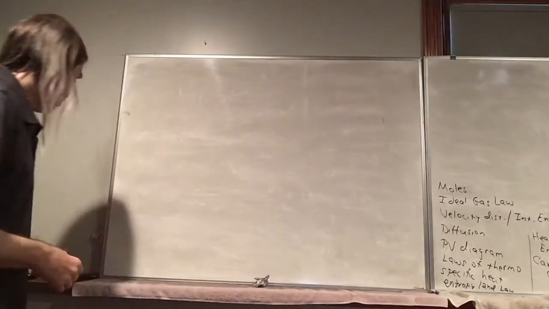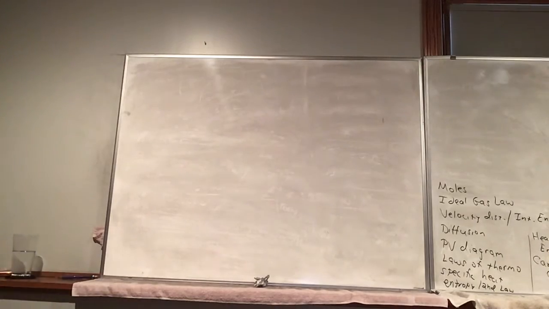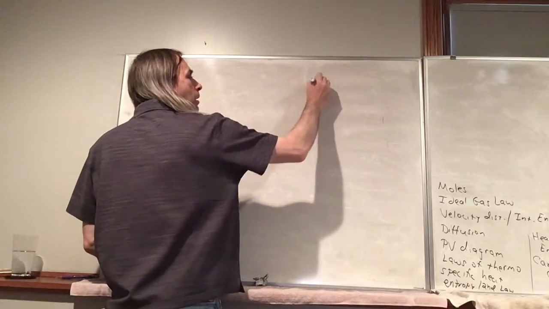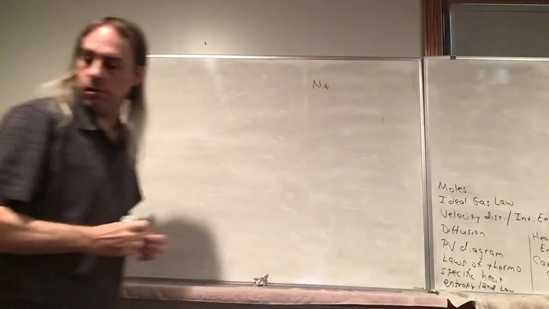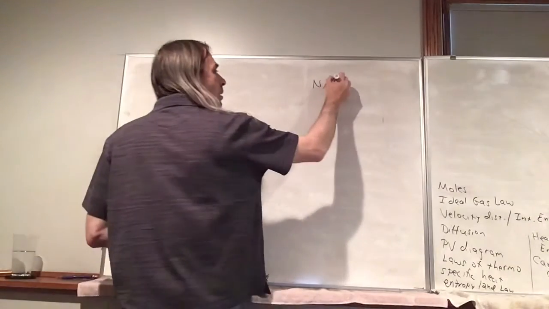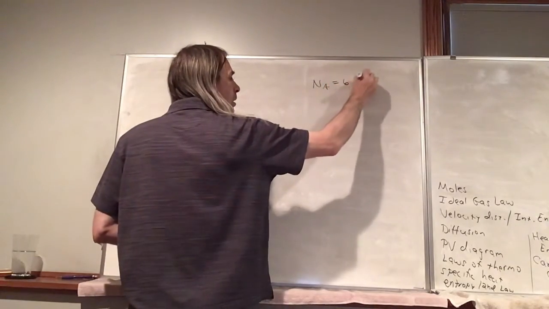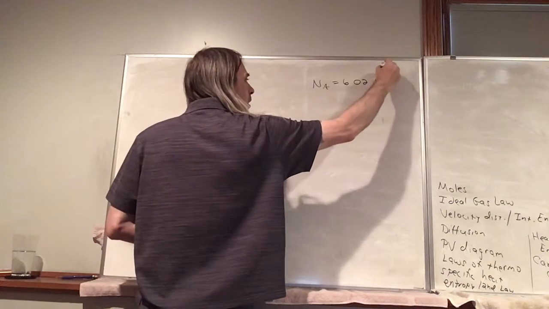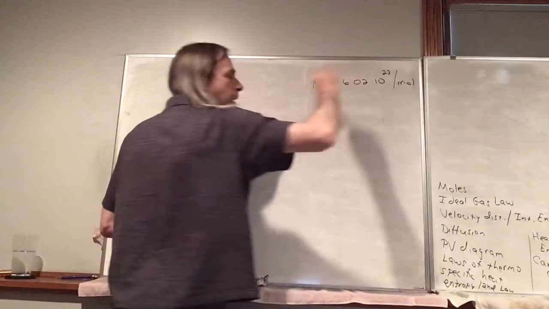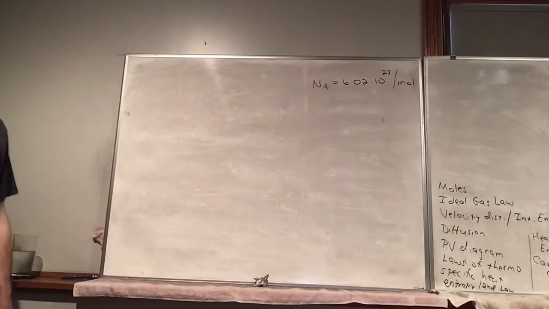Okay, so moles and Avogadro's number. Let me write down Avogadro's number. So we can use this to relate things on a macroscopic scale to the microscopic scale.